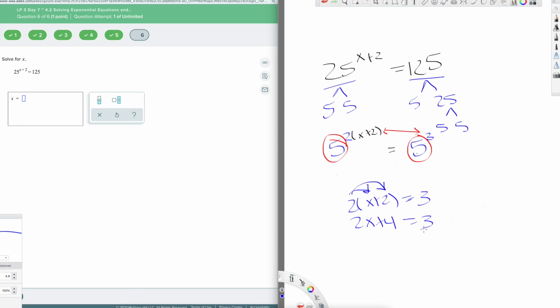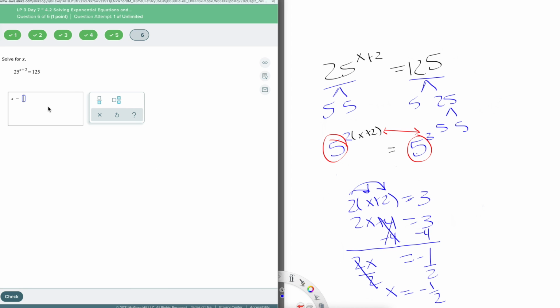I'm going to subtract 4 from each side because now I can start solving. 2x equals, those canceled. Sorry, I didn't say it, but they canceled. 3 minus 4 is negative 1. Divided by 2, divided by 2. x has to equal negative 1/2 in order to make this true. So what x needs to be is -1/2.